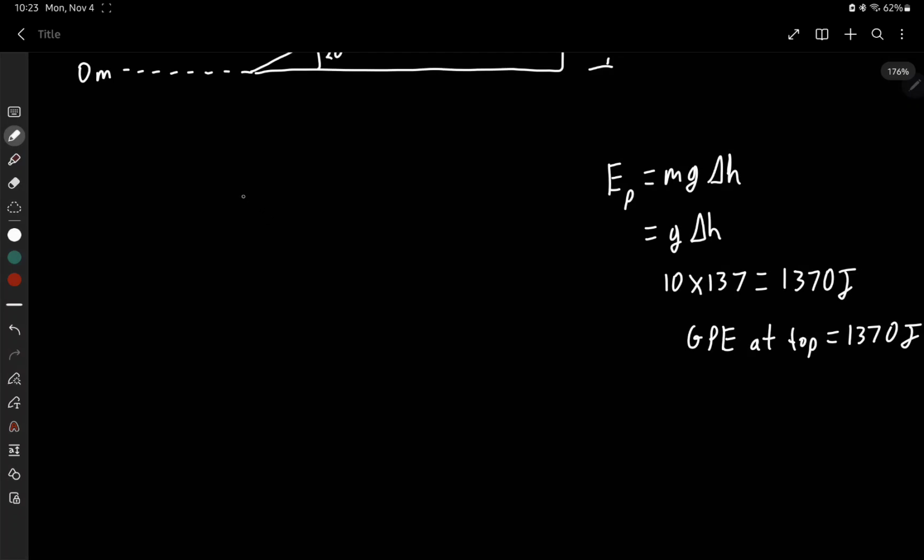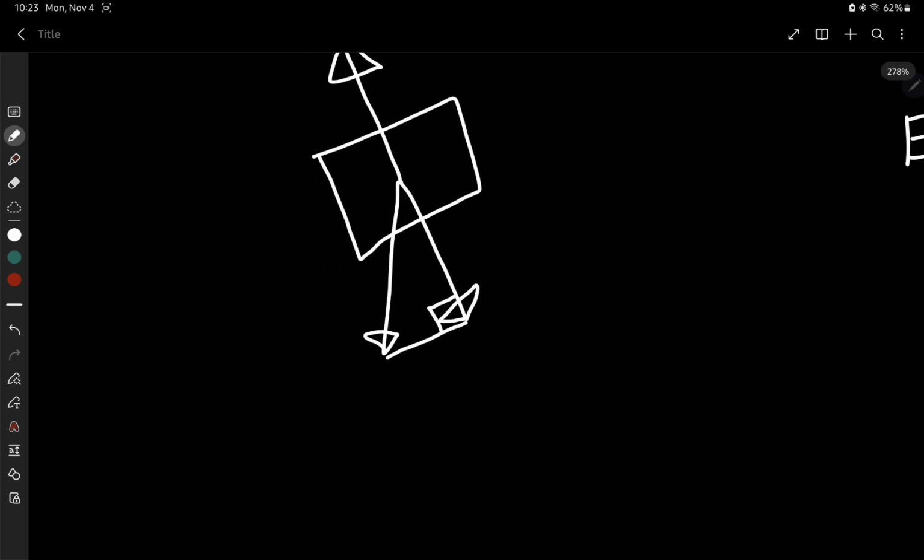So I'm just going to have the box here. Again, we do not know the weight or the mass of the skier, so we're just going to assume this is mg, mass times g. Mass isn't considered, so it's just 10 here.